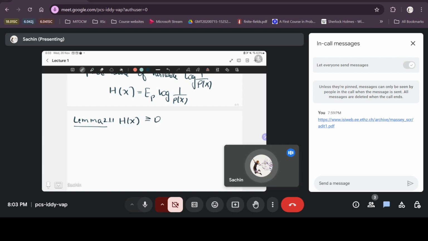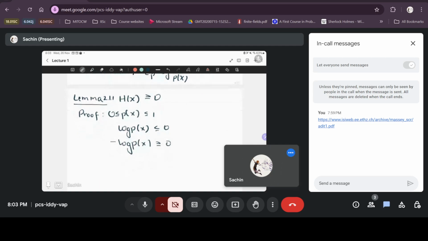So first lemma is that entropy is non-negative, and the proof is very simple. This is because p of x is between 0 and 1. So log of p of x is a negative quantity, so it's less than 0. So minus log p of x is greater than or equal to 0.